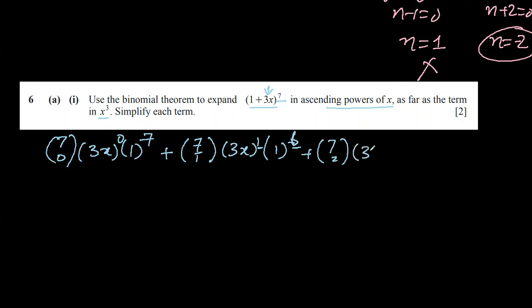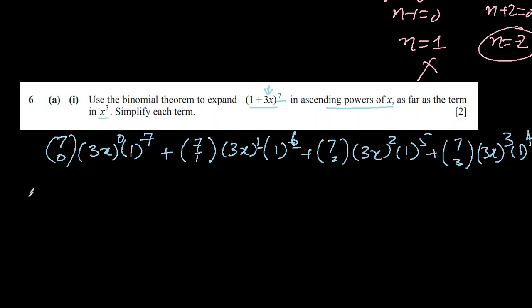Then 7c2, 3x square, 1 to the power 5, and finally 7c3, 3x cube, and 1 to the power 4. They wanted up to cube only. So let's expand.